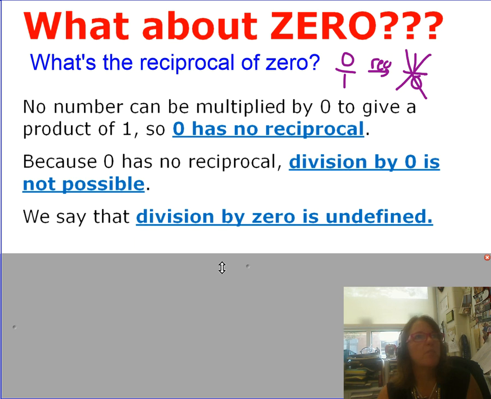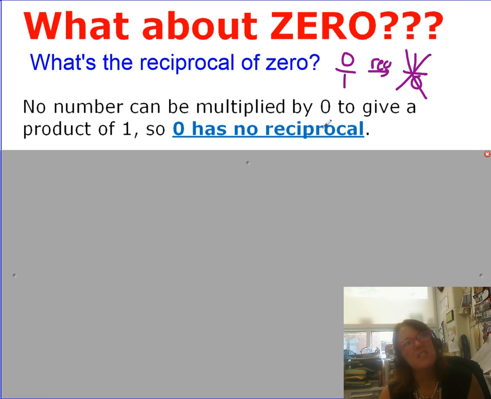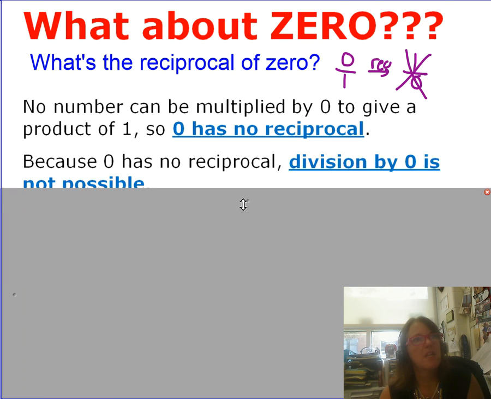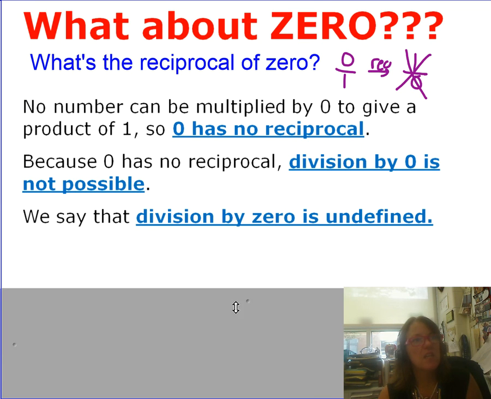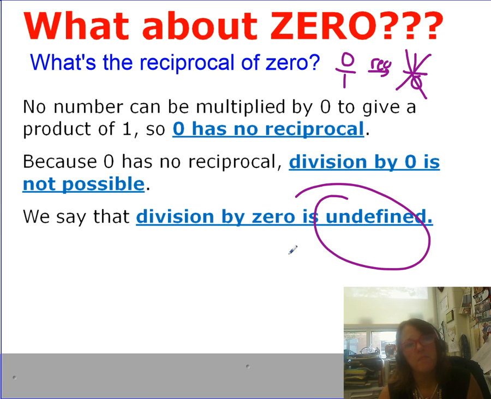So we have a little bit of a problem. 0 doesn't have a reciprocal. You can't put it in the denominator. So that means anytime you see dividing by 0, impossible. Can't do it. We say that it is undefined. It doesn't exist. There is no way to describe it because it can't happen. No way, never.